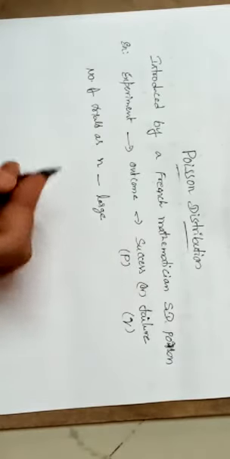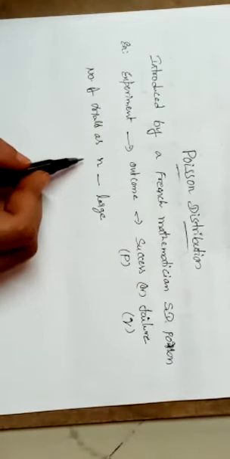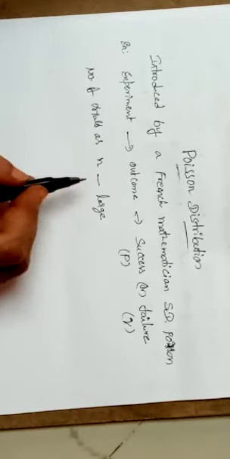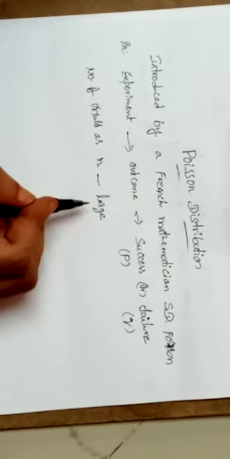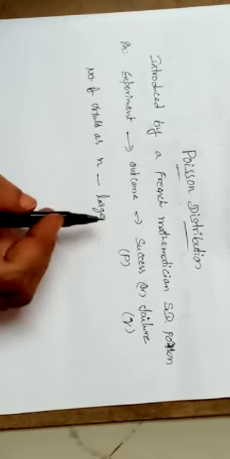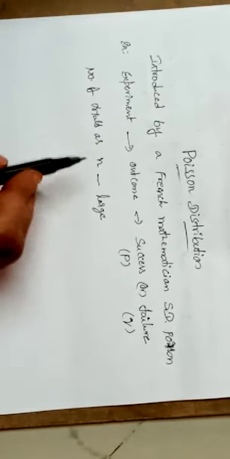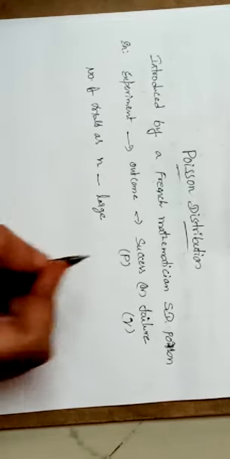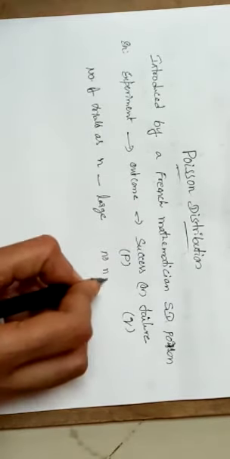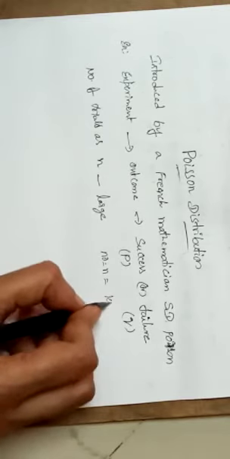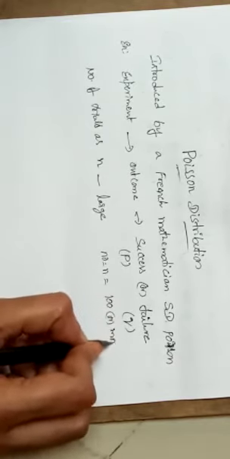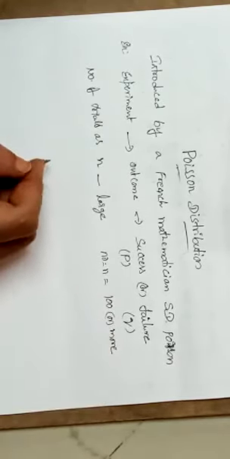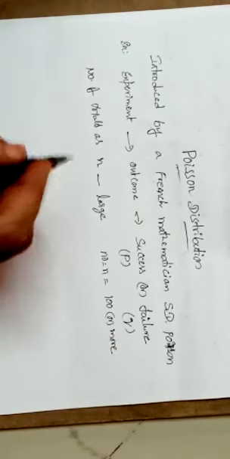So you can easily identify it according to the number of trials. If the number of trials is small, it comes under binomial distribution. If n is large, that number may be 100 or more, it is related to the Poisson distribution.